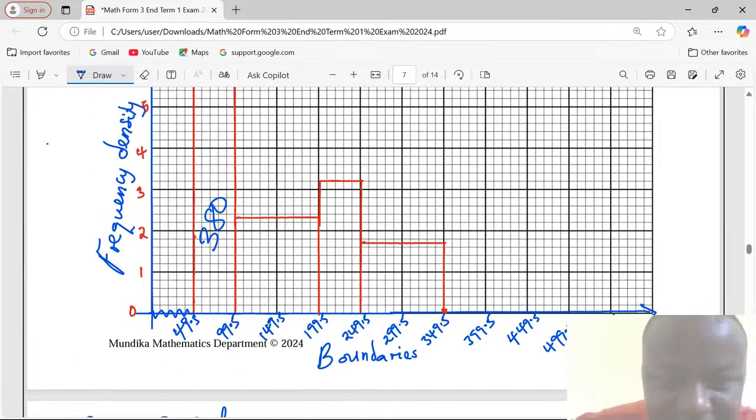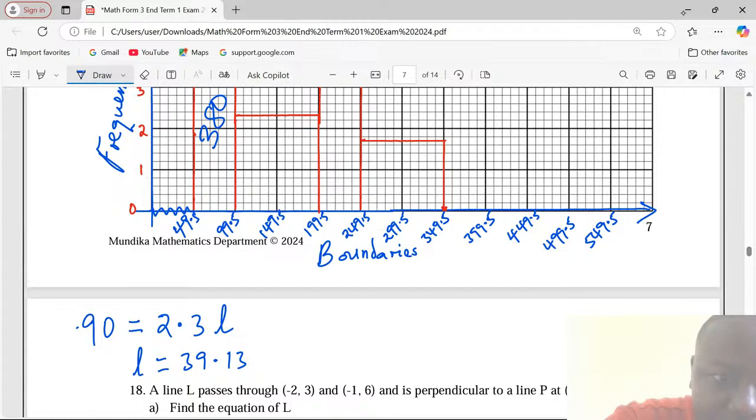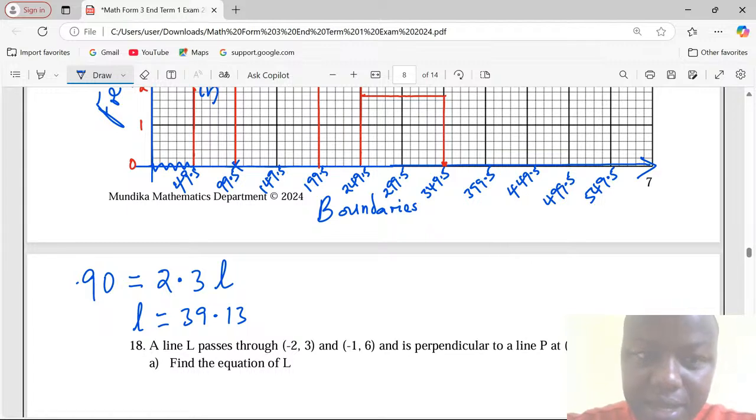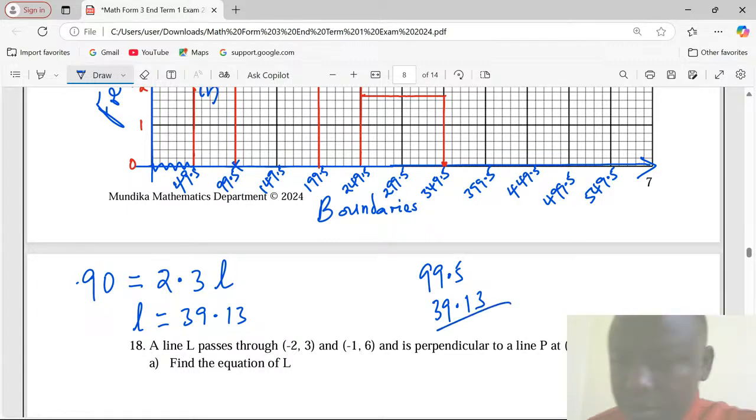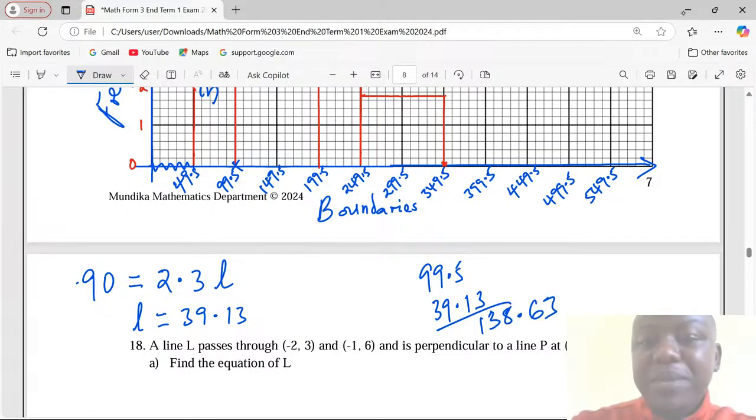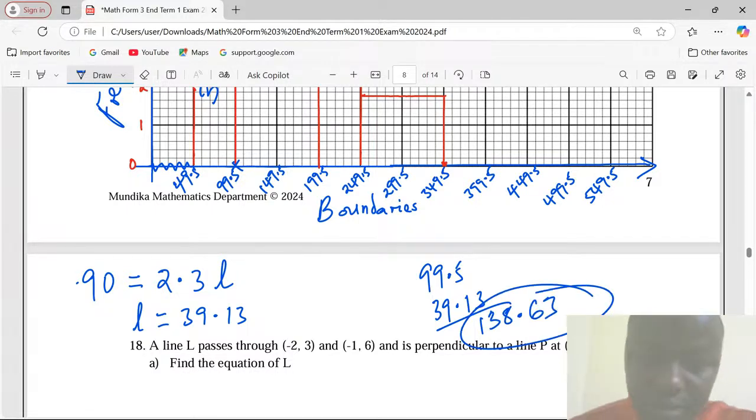When we add 39.13 to 99.5, we get the median value: 138.63. That is the median.